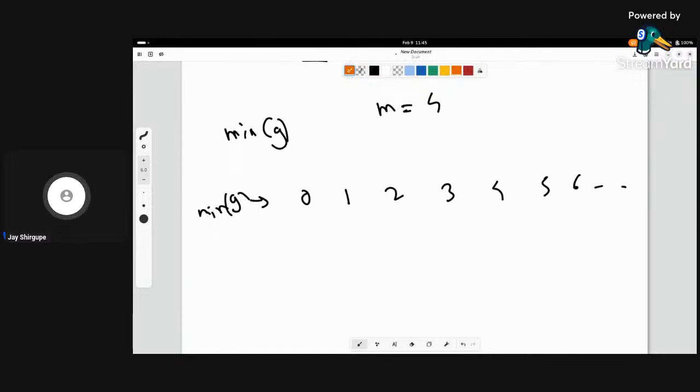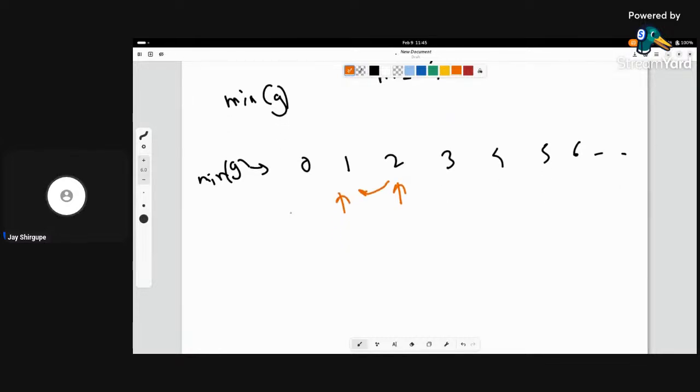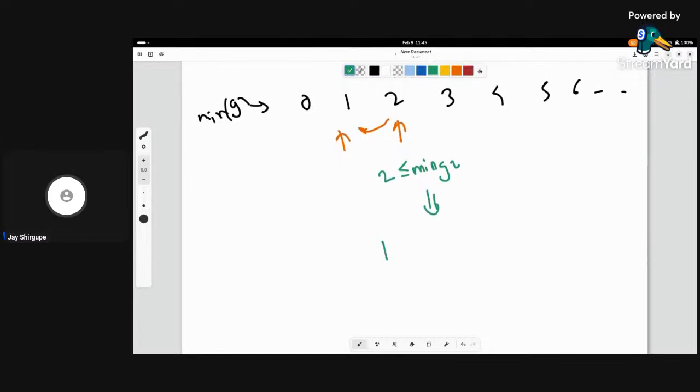If you can make your G value at least 2, then you can by default also make your G value at least 1. If you have a set of moves such that the minimum of G is greater than or equal to 2, that implies you can use the same set of moves and have the minimum of G greater than or equal to 1 or greater than or equal to 0.